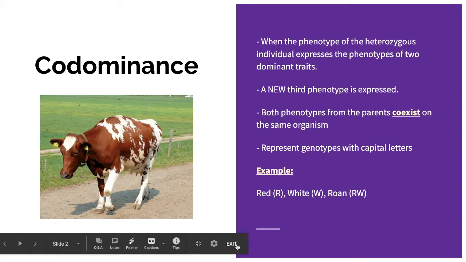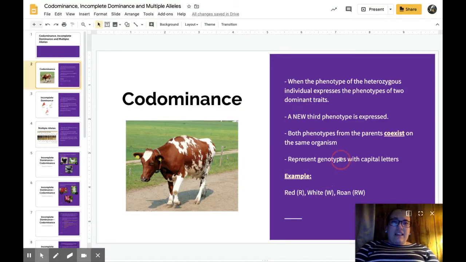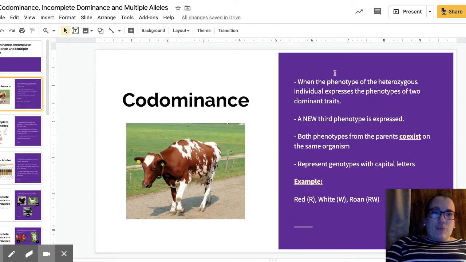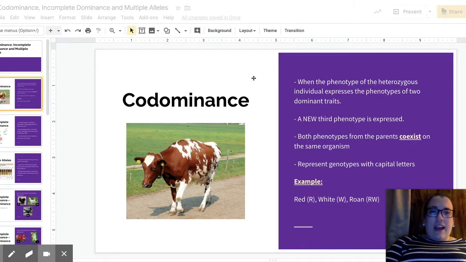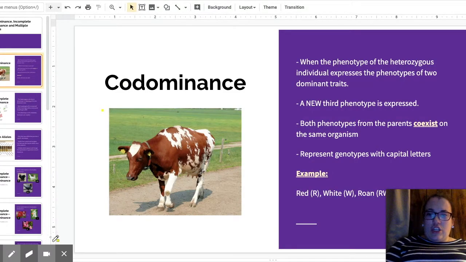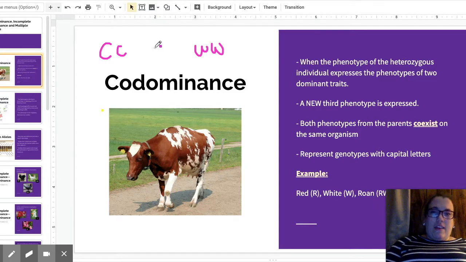What I mean by that is, if we have an individual that has this genotype, CC, and then we have an individual that is WW, then the heterozygous would be a CW.